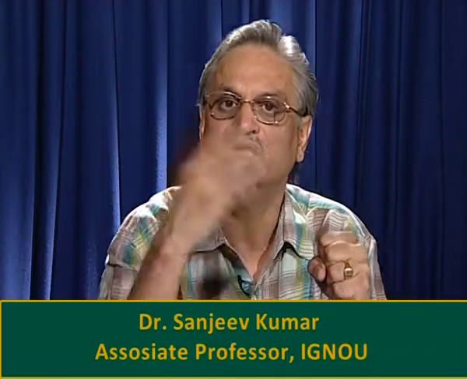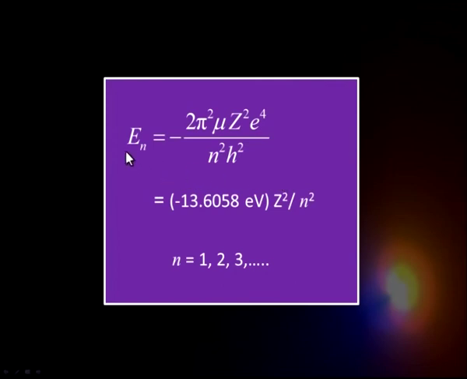Now if I give energy equal to about 13.6 electron volt to this atom, essentially I am taking this electron away from the hydrogen atom and throwing it away to infinity. That means I am going to ionize. So this is a measure of the ionization energy of hydrogen atom. I am sure you all remember from your school days that the ionization energy of hydrogen atom is 13.6 electron volt. So that comes from right here.